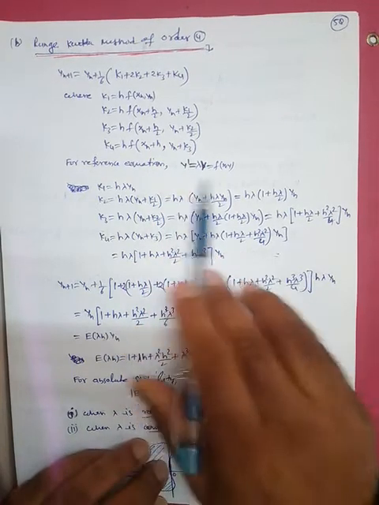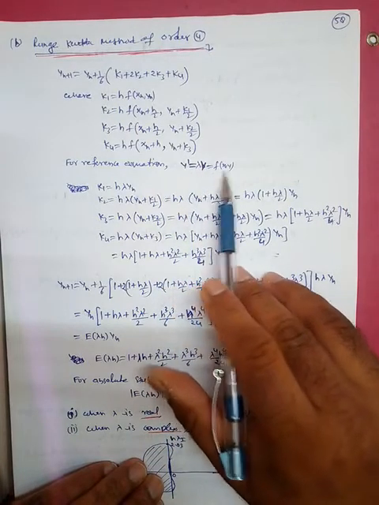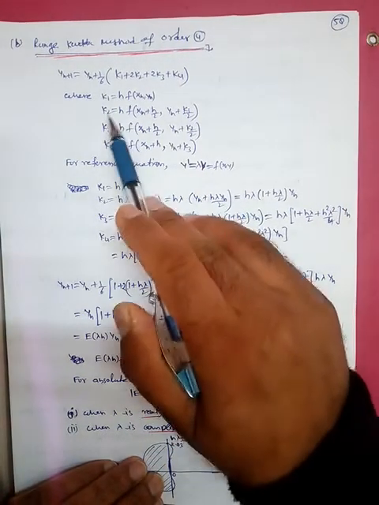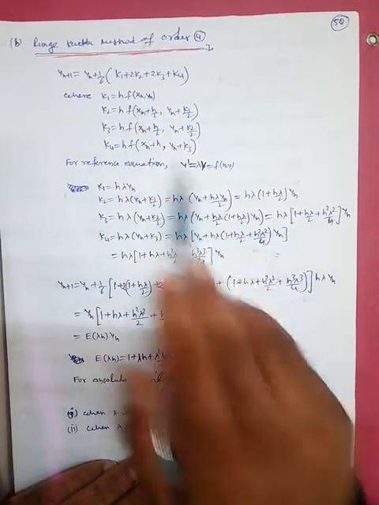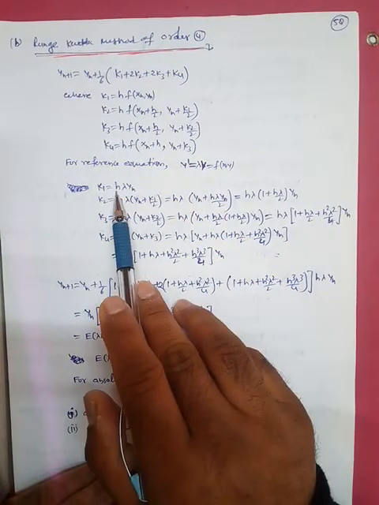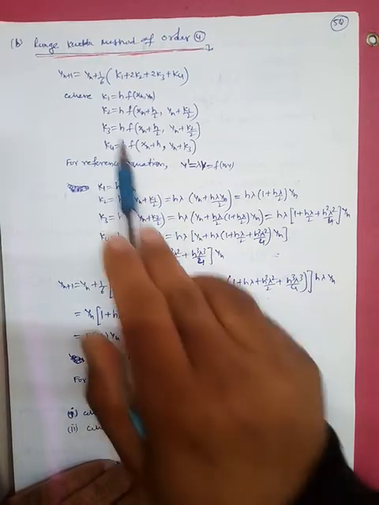Again we will take this as a reference equation, y dash is equal to lambda y is equal to f of x, y. Now find out k1, k2, k3, k4. So k1 is according to this h f, but f is here lambda y, that's why k1 will be h lambda yn. Now find out k2.